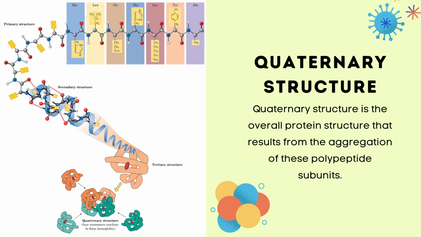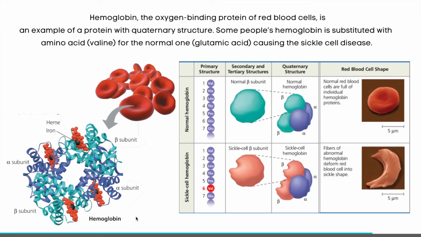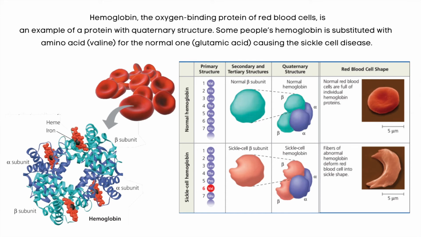So, it is a multiple combination of polypeptides making up this structure. An example of a protein in a quaternary structure is hemoglobin. Hemoglobin consists of four polypeptide subunits, two of which are alpha and another two beta subunits. Each subunit has a non-polypeptide component called heme with an iron atom that binds oxygen.